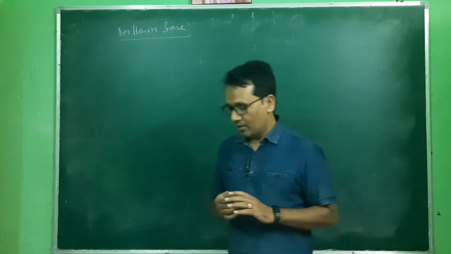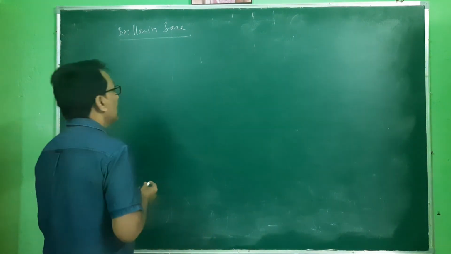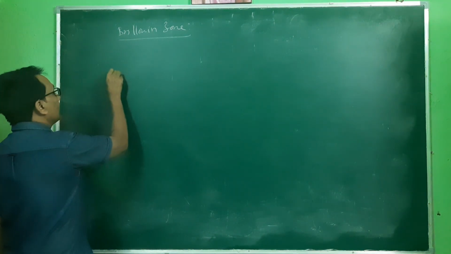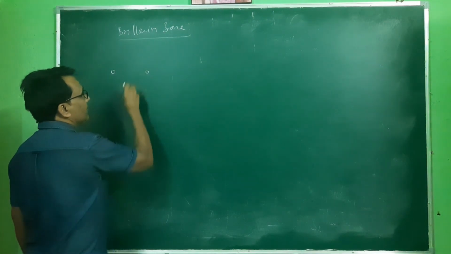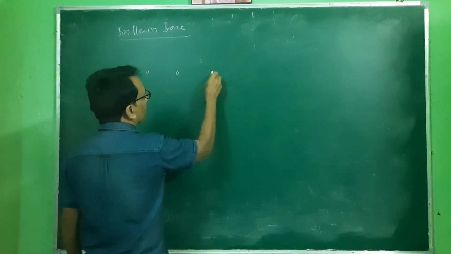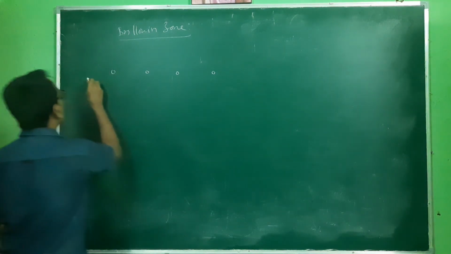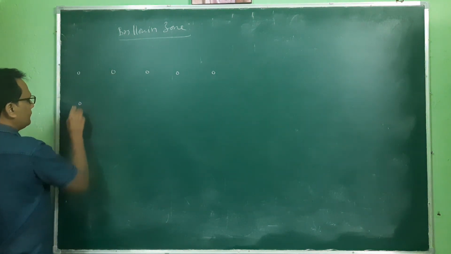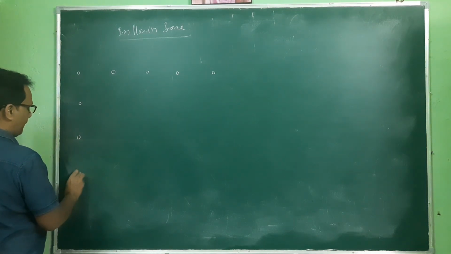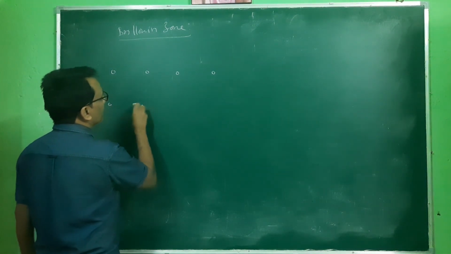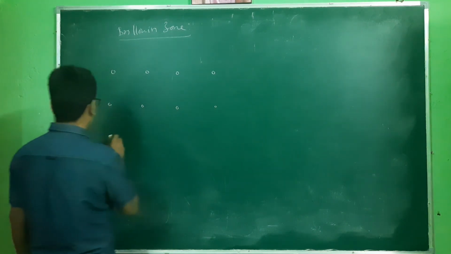So we have a periodic arrangement of atoms, and this is the crystal. I'm taking a two-dimensional image of that crystal, that is 5 by 5 atoms, and I am trying to draw this diagram symmetrically.